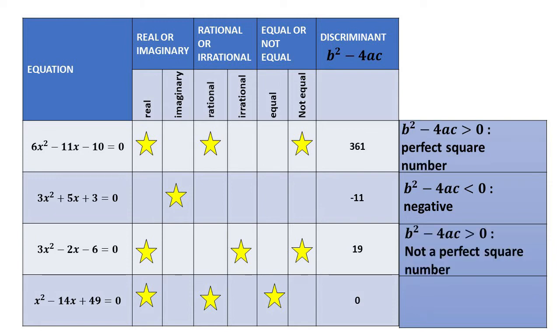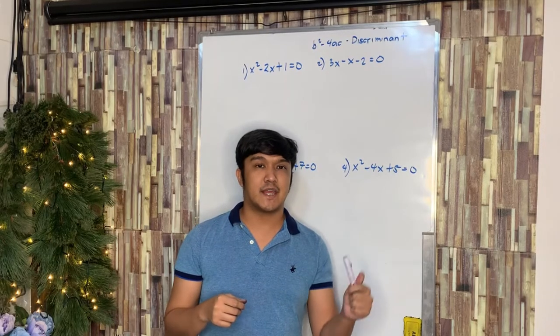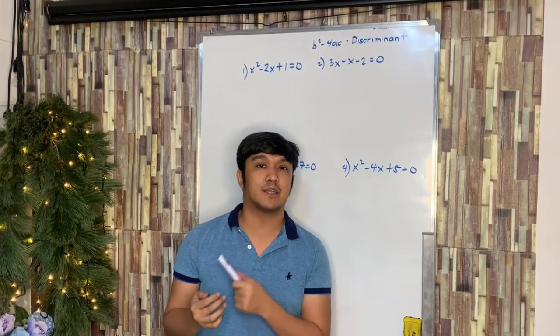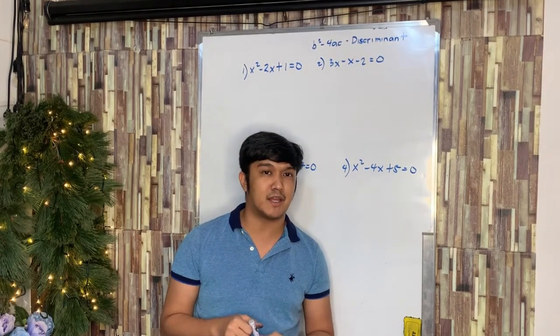If in a given equation, the discriminant is greater than 0, and it is not a perfect square number, therefore the nature of the roots is real, irrational, and not equal. If the discriminant is equal to 0, therefore the nature of the roots is real, rational, and equal.